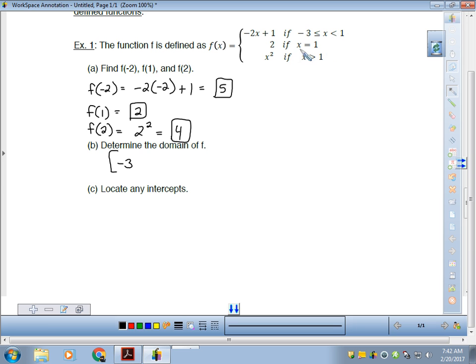But here's the thing: this piece has x equals 1, so we don't have to stop at 1. We can keep going bigger than 1. Can we go bigger than 1? Yeah, x is greater than 1 here. So how big does this last piece go? It goes for any number bigger than 1, so it can go all the way to infinity. This piecewise function has a domain that goes from -3 all the way to infinity.